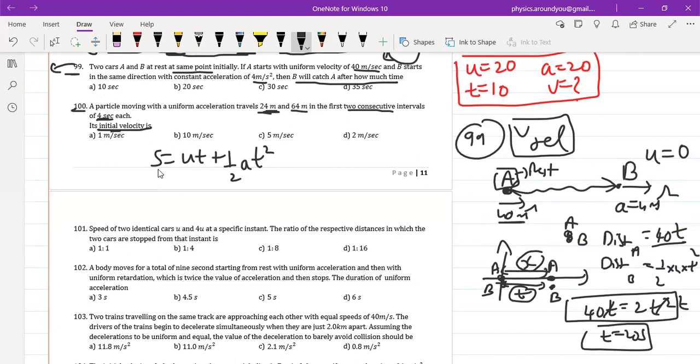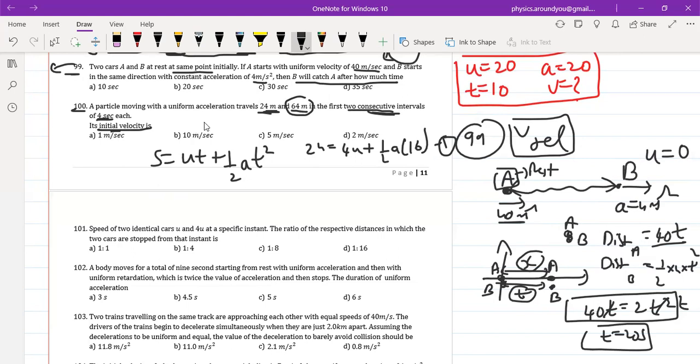Then what? S is 24 meters at t equal to 4. So 4u plus half a into 4 square is 16. This is one equation. The second equation: it has traveled 64 meters in the next 4 seconds. So what is the total distance traveled from time 0?